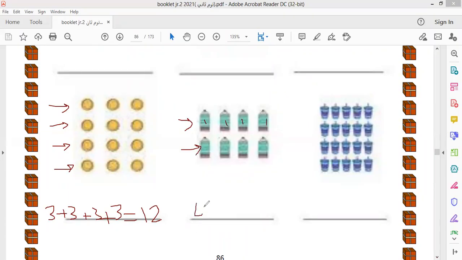So we write 4 plus 4, 2 times, equals 8. We have here 4 rows, and each row have 5. So we write 5 plus 5 plus 5 plus 5 equals 20.